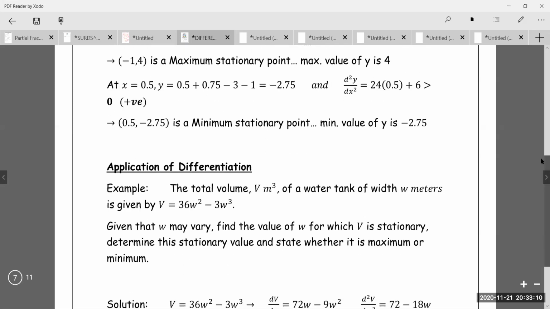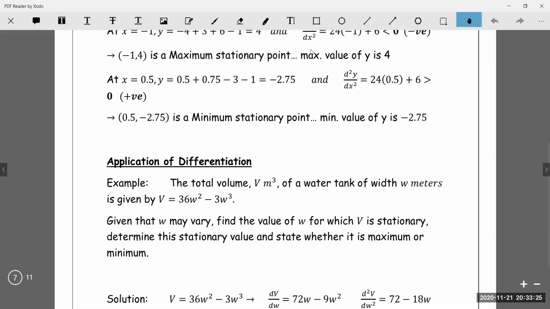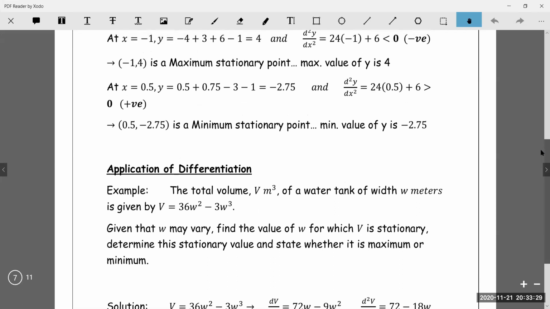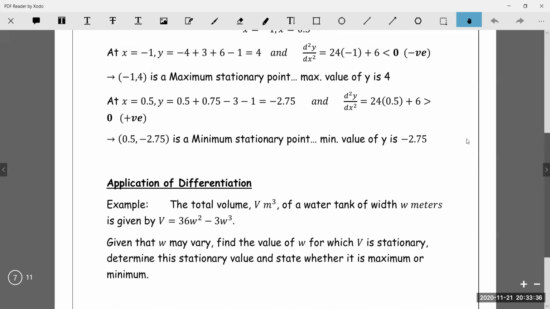So listen to what the question says. It says, given that W may vary, find the value of W for which V is stationary. Now, when is V going to be stationary? What happens when it's stationary? The gradient is zero.